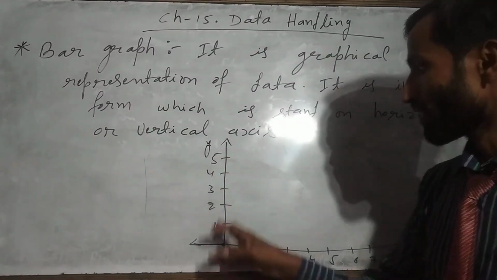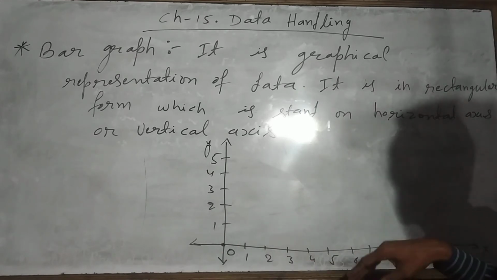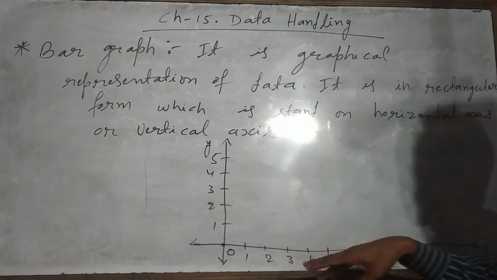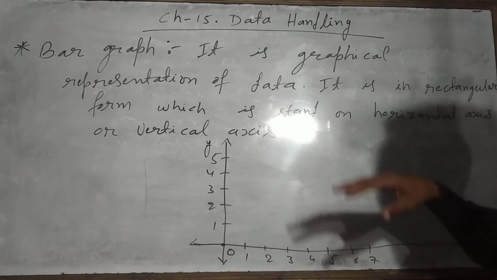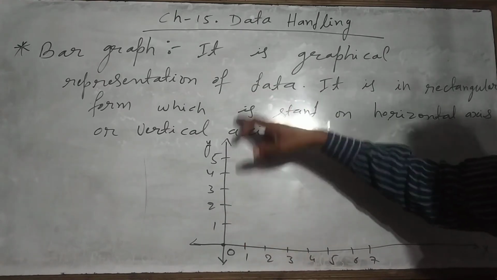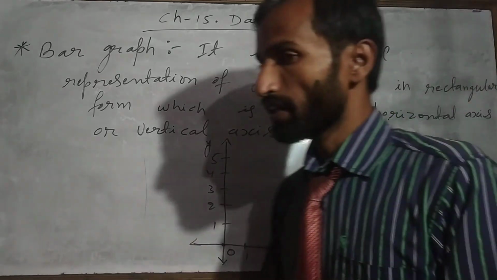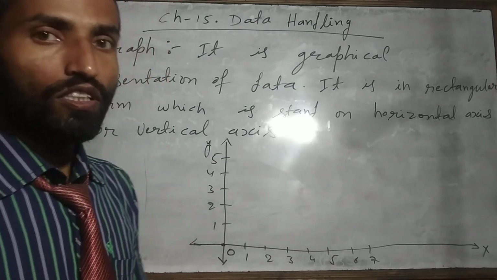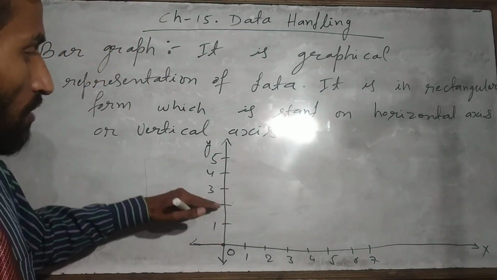Then draw the bar graph: write each component on the x-axis and write the numbers on the y-axis. Depending on the numbers you will take the class interval, means class size.